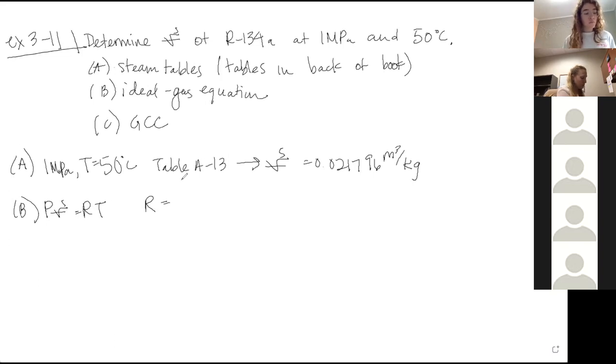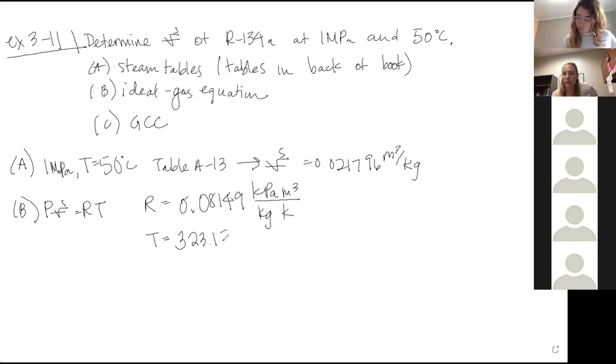R from table A1 for the superheated vapor, we already looked up before, I believe it's still 0.08149 kilopascal cubic meter per kilogram Kelvin. We know that temperature is 50 degrees plus 273, which is 323.15 Kelvin.